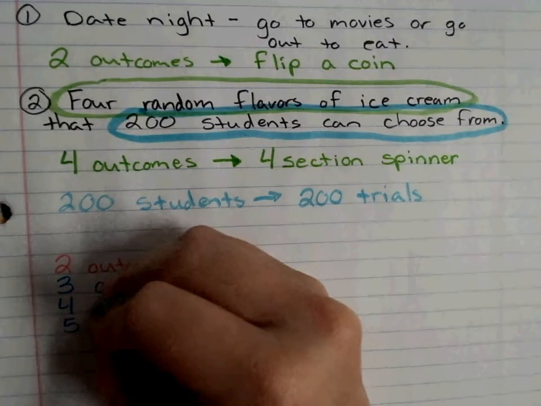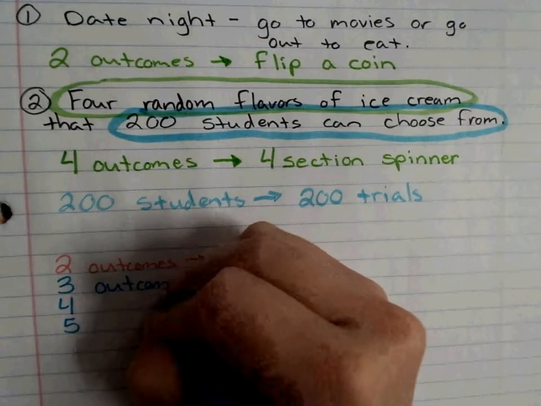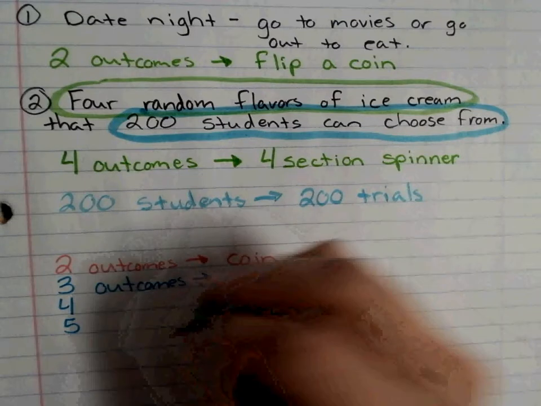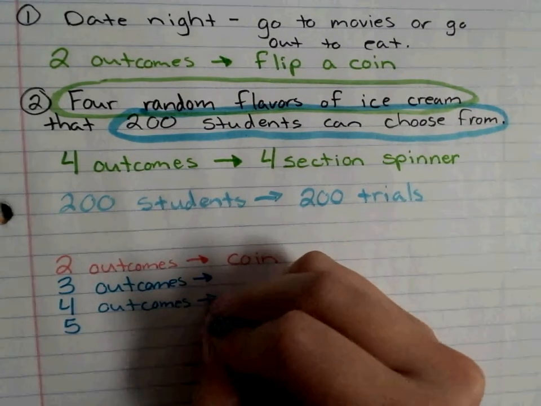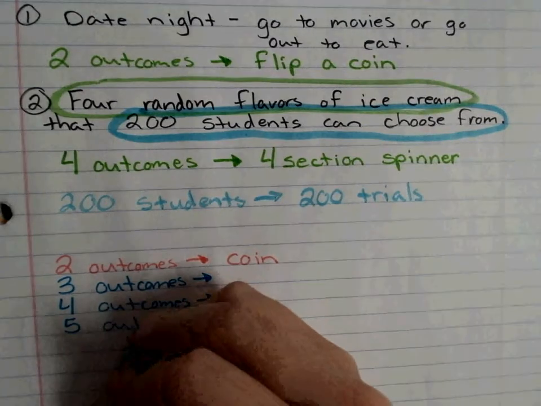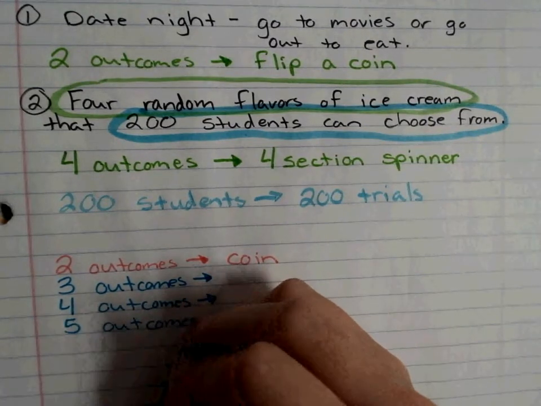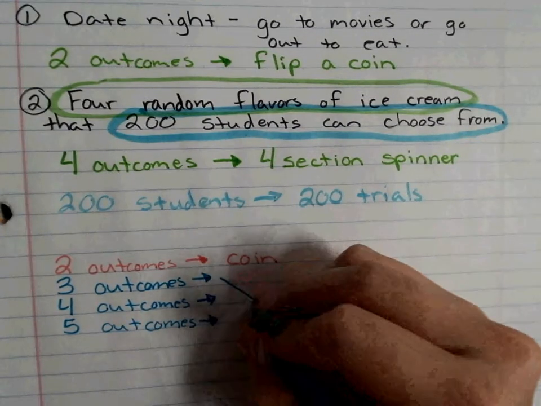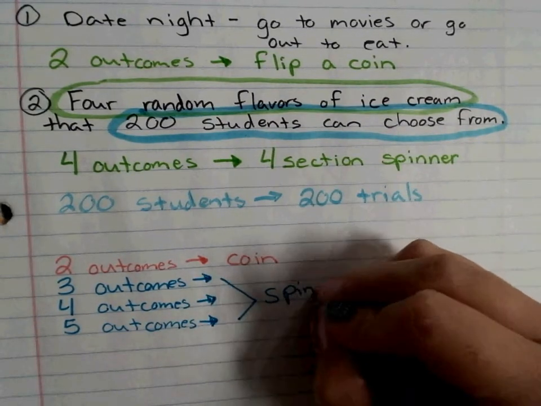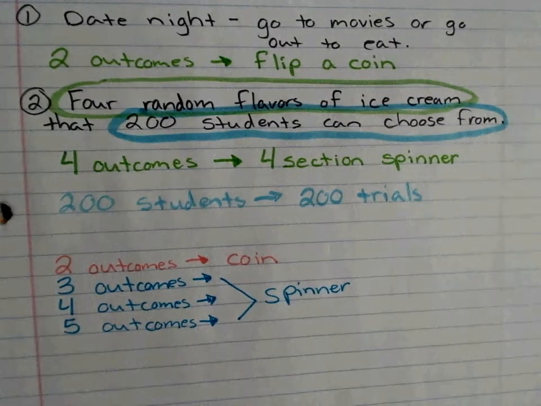If there are 3 or 4 or 5 outcomes, then we should go with what? A spinner. A 3-section spinner, a 4-section spinner, a 5-section spinner.